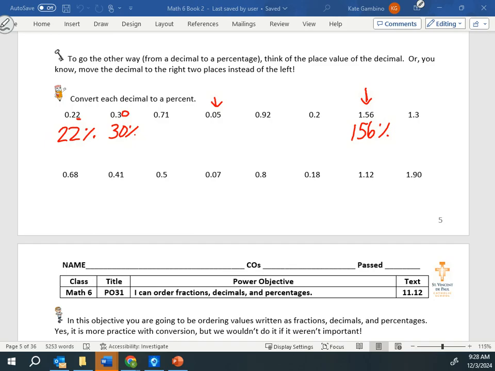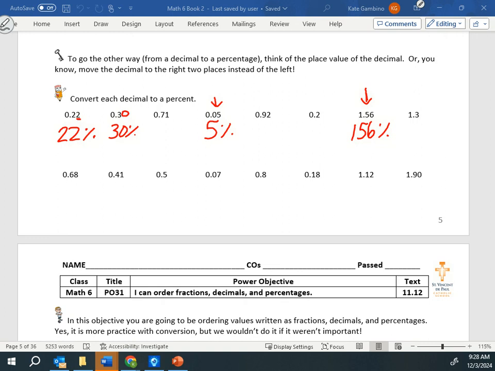No, it's 5 hundredths. How do I say that's a percent? If this was 22 hundredths and it's 22%, 30 hundredths is 30%, 5 hundredths would be 5%. So always look at how you read it as the hundredths and then make it a percent.